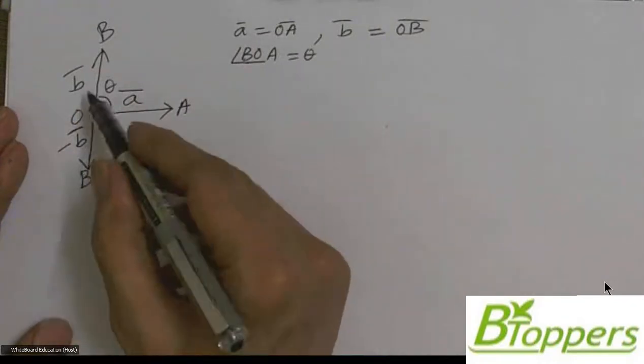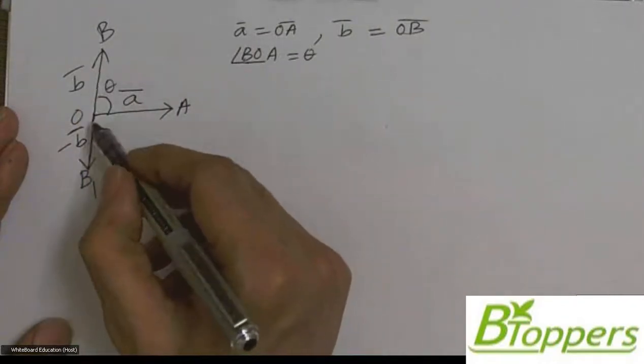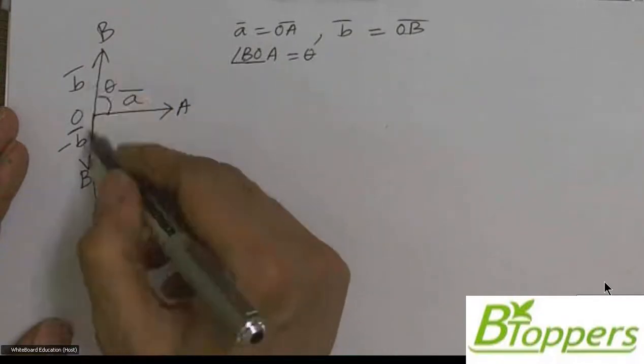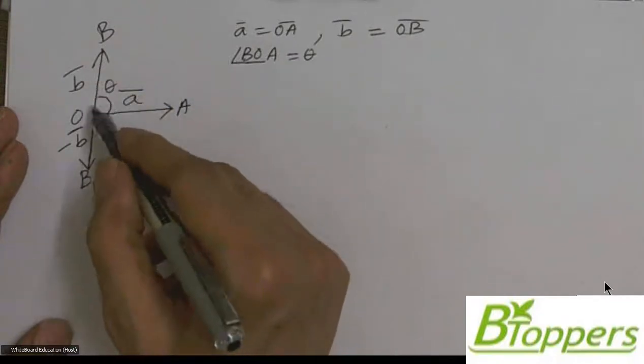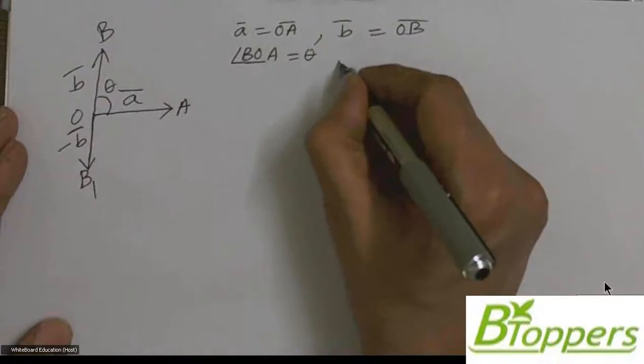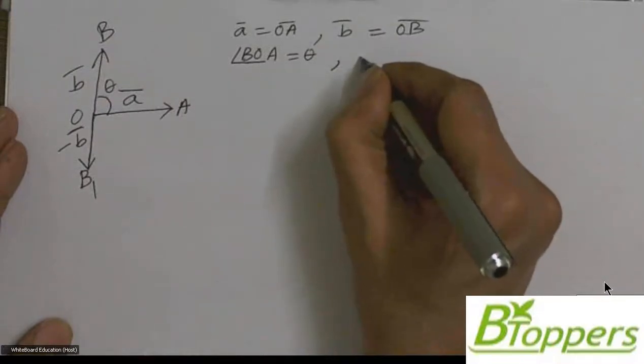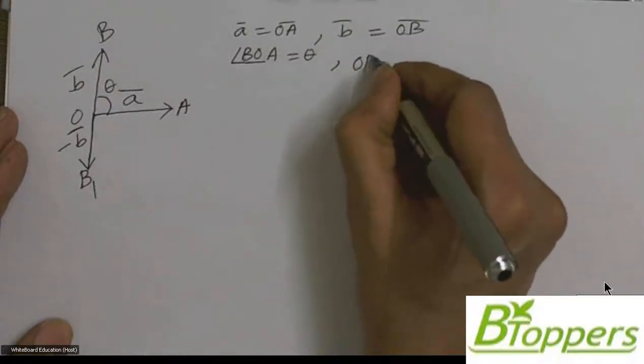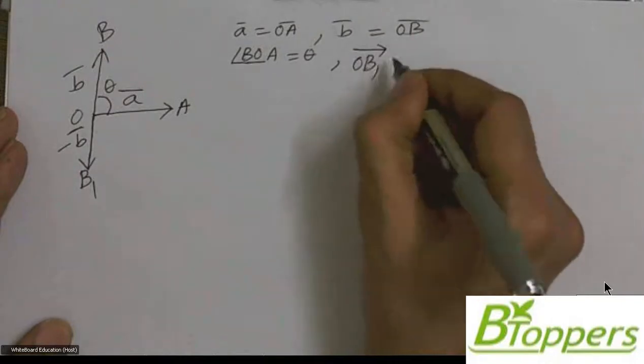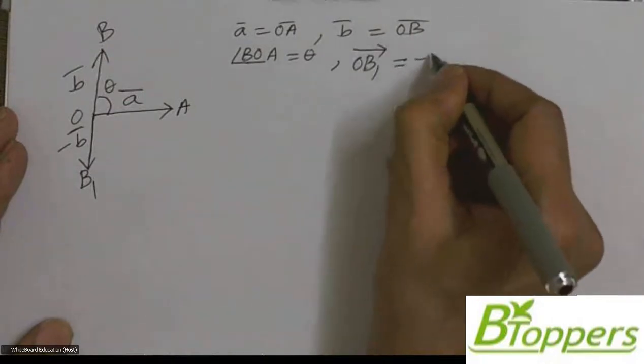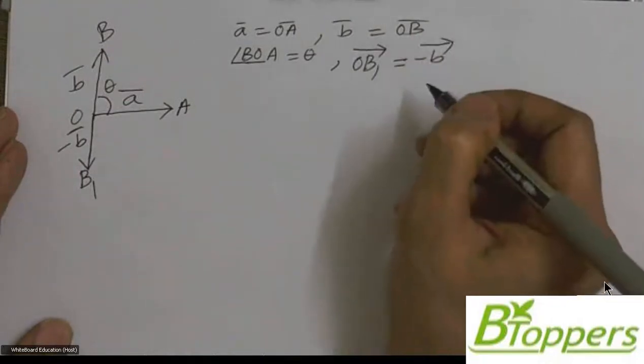So in the figure, I have drawn the two vectors B bar and minus B bar along the same line in opposite directions. It means the directed line segment OB1 bar represents the vector minus B bar.